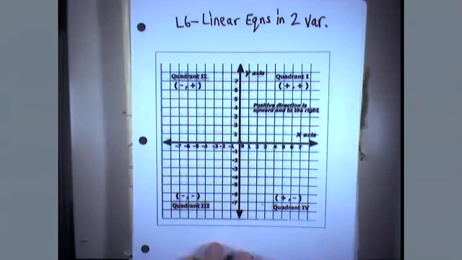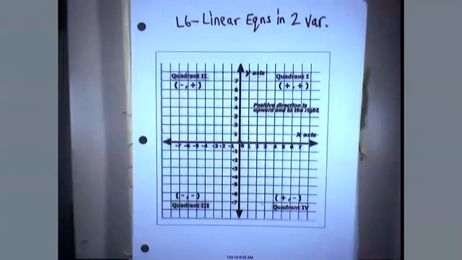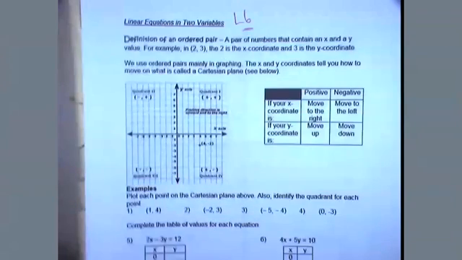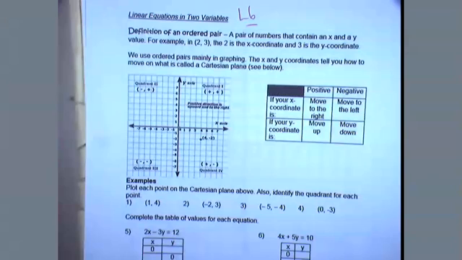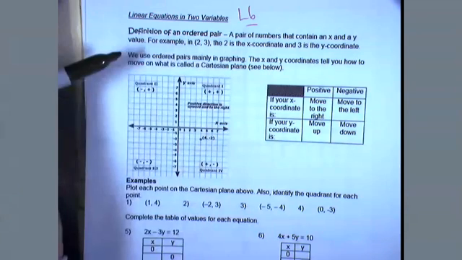Now, each quadrant tells you exactly how to plot a point, and if your x-coordinate, an ordered pair, let me backtrack a minute. An ordered pair is a pair of numbers that contain an x and a y value.